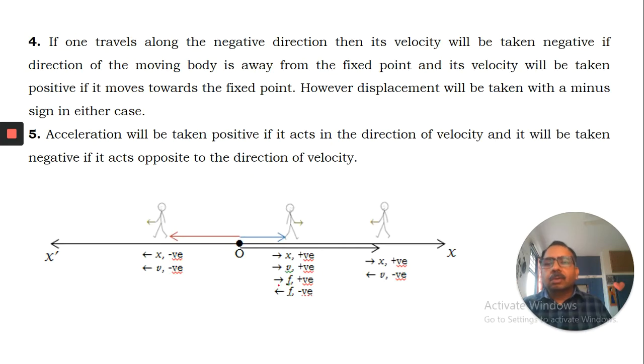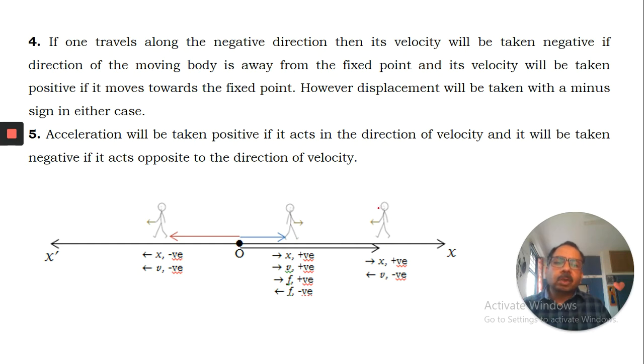So here I have summarized all these things. If a body is moving in this direction, its displacement is positive, its velocity is positive, and the acceleration can be positive or negative depending upon whether the acceleration is along the direction of velocity or whether acceleration opposes the velocity.